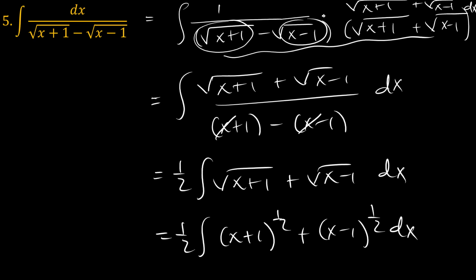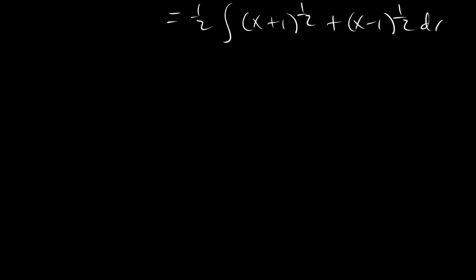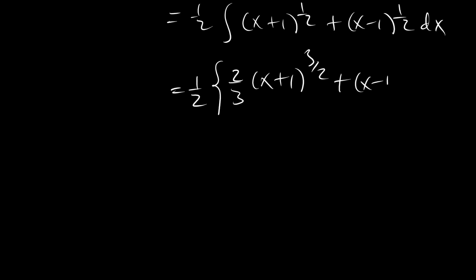Okay, so that's straightforward. Since we have the integral of x plus 1 to the power half plus x minus 1 to the power half, this is the same as a half, 2 over 3, x plus 1 to the 3 over 2, plus x minus 1 times 2 over 3, to the 3 over 2, plus the integration constant. And we see that cancel.